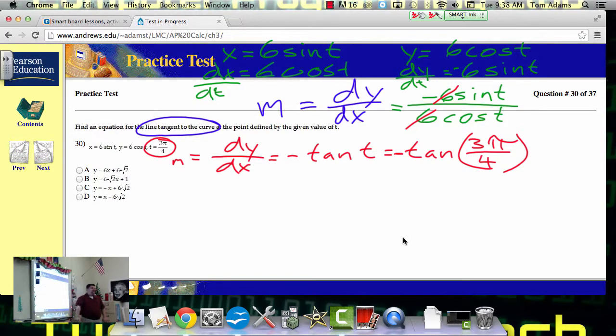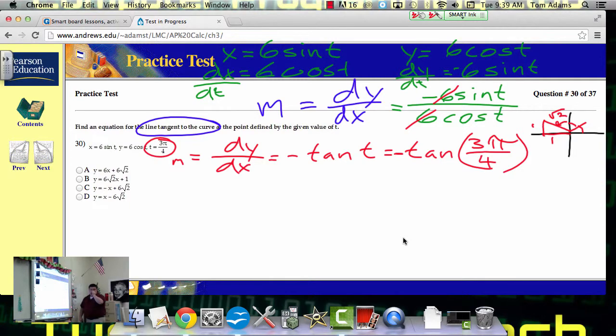Now, who can tell me off the top of the head what that is? 3 pi over 4 is a 45-degree angle, another 45-degree angle, that's 90, and then another 45-degree angle. So I have a 45-45 triangle with sides 1, 1, and the square root of 2.